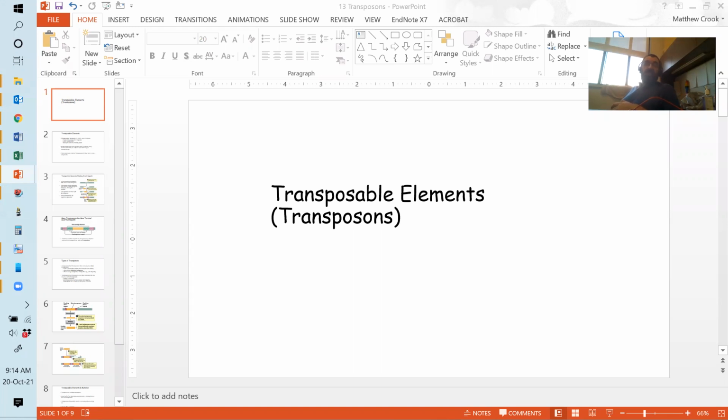Anyway, so essentially what transposons or transposable elements are small pieces of DNA, and they typically range from a few thousand to a few tens of thousand base pairs, right? So they're not huge in terms of chromosomes, and they are in pretty much every living organism. You have a whole ton of them in your genome.